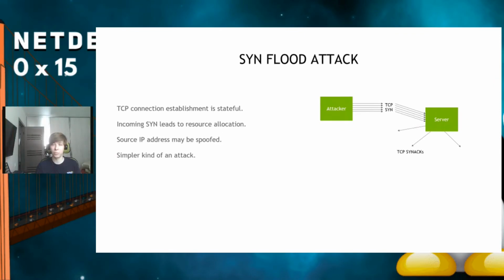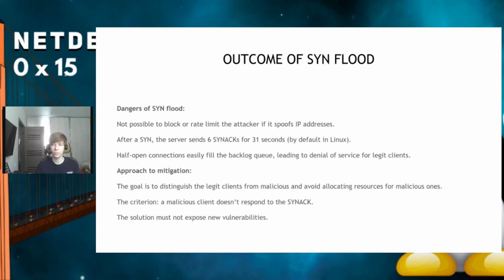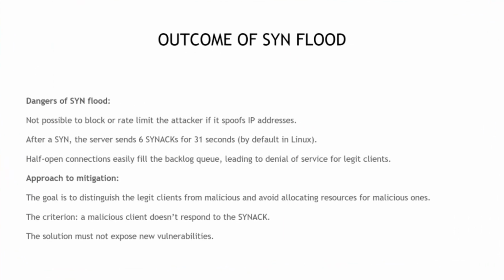Moreover, it's a fairly simple attack because it's very easy to generate SYN packets. This whole thing leads to the following consequences. By spoofing IP addresses, the attacker circumvents any rate limiting and easily fills up the socket's backlog queue with half-open connections, leading to denial of service for legit clients.